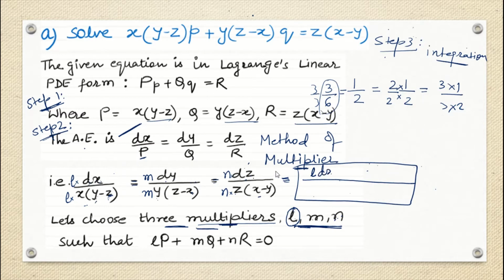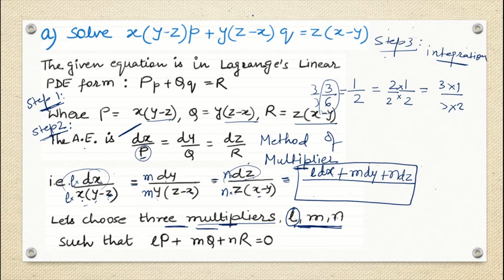This is L into dx, plus M into dy, plus N into dz, divided by what I'm going to write down, L into capital P.